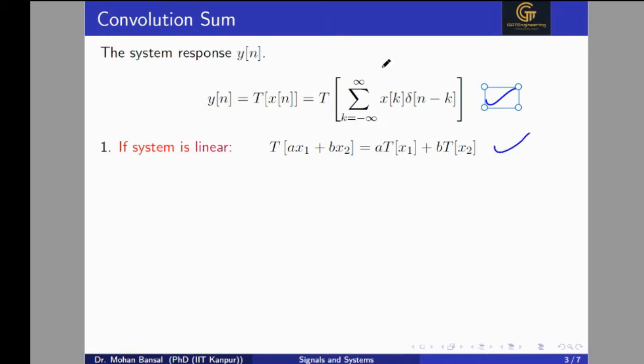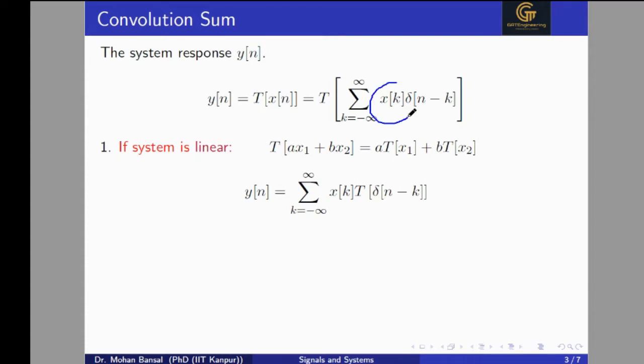According to this property, we can write the signal as summation of k equal to minus infinity to infinity x[k], where x[k] is a constant at time instance k, times T of delta[n minus k]. So we can write y[n] equal to summation of x[k] T of delta[n minus k] using the linear property.